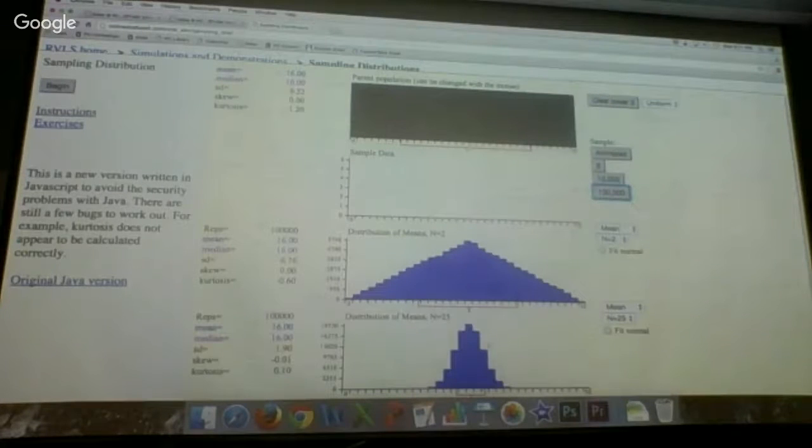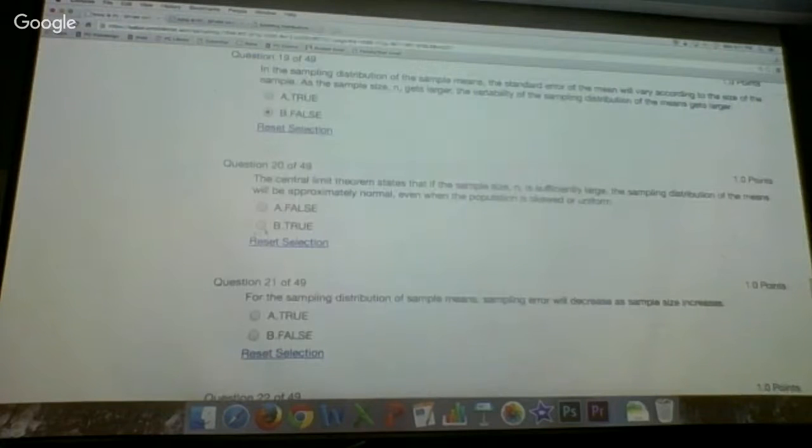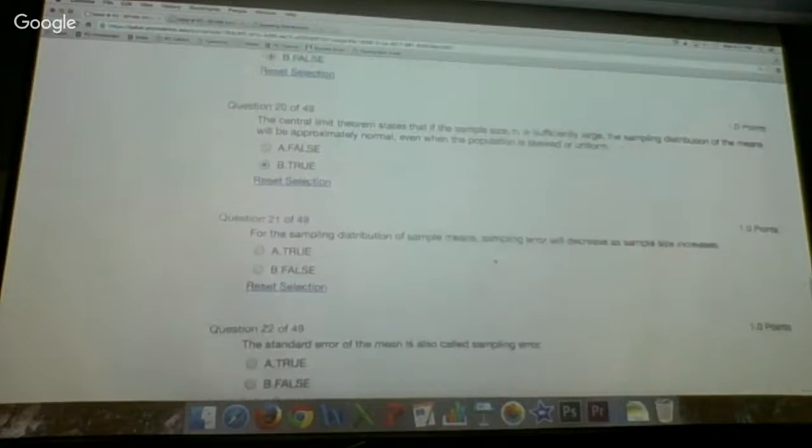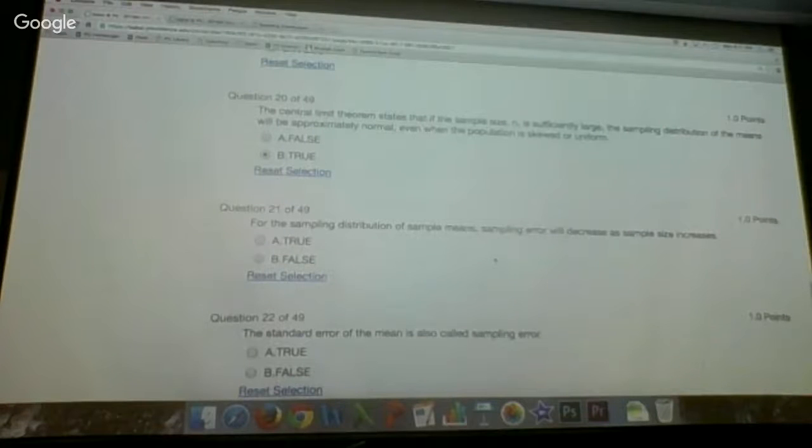And with a sufficiently large sample size, it doesn't matter what my population is, my sampling distribution of the sample means will in fact be approximately normal. 20 is true.